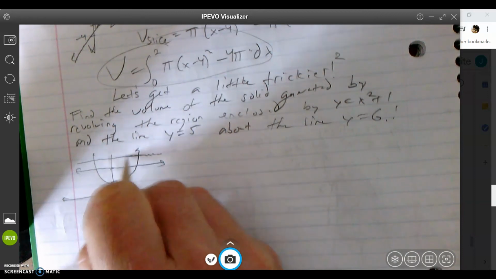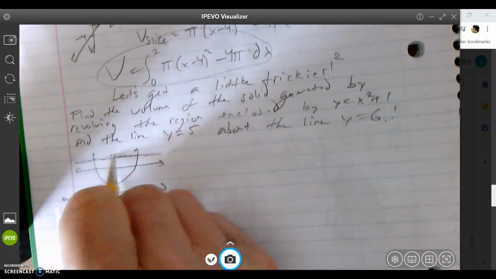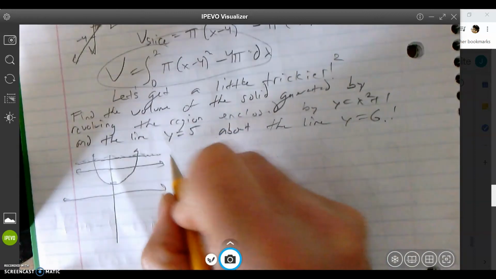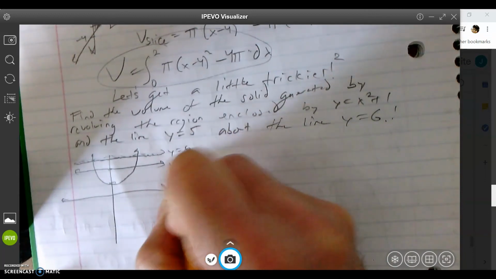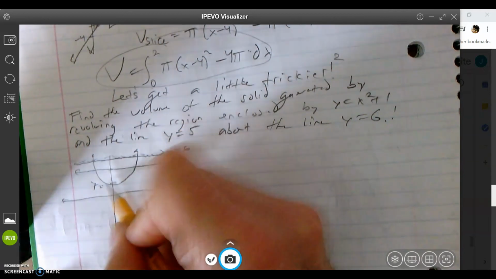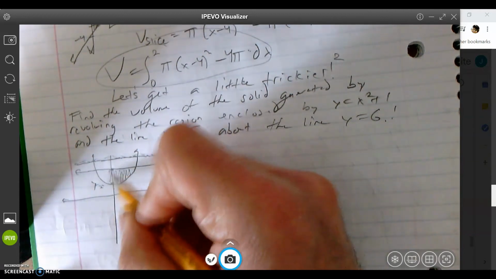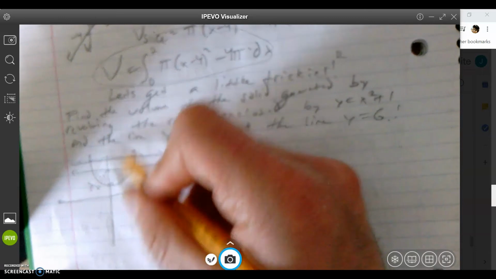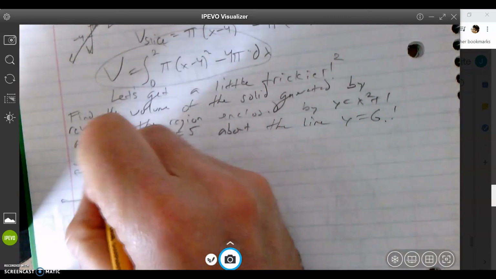So we want to dot it to differentiate what it is. This is y equals 6, y equals 5, and this is y equals x squared plus 1. So I'm revolving this piece right here around here.